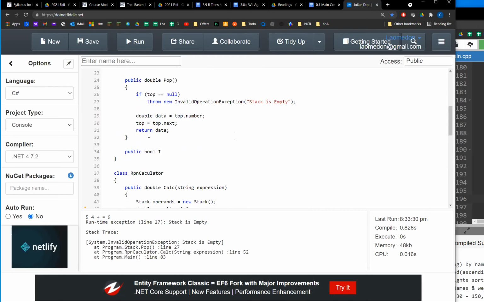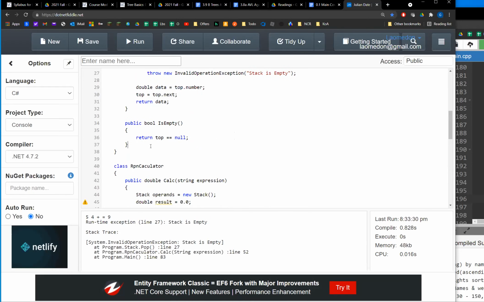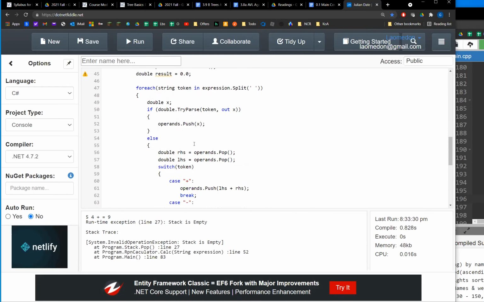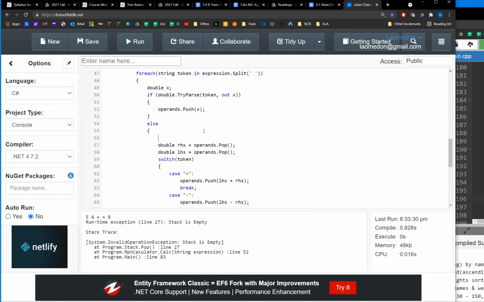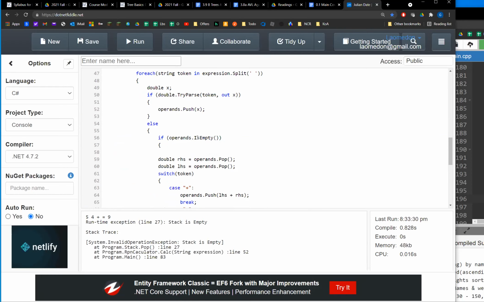If the top's null, it's going to say it's empty. So we just test the stack. If it's empty, we know we've got a problem.